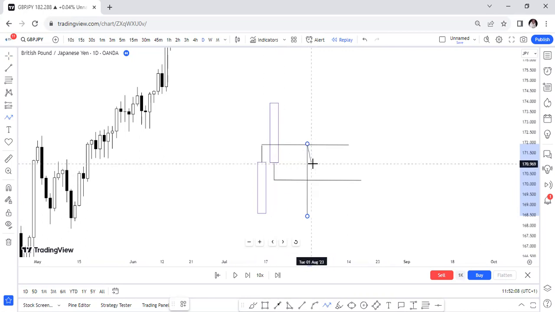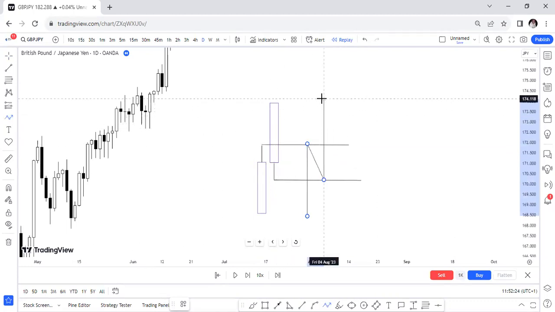The next candlestick opens there and pushes lower again to this level of low. Then finally, buyers continue the journey from there, breaking through that previous high.